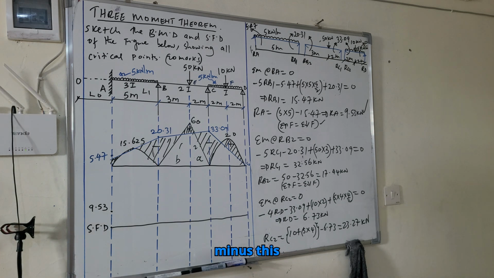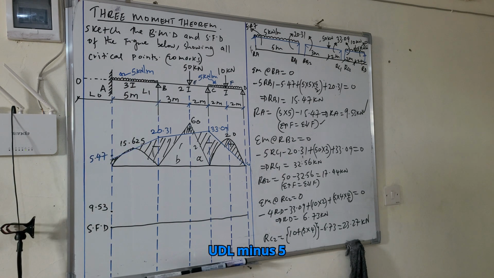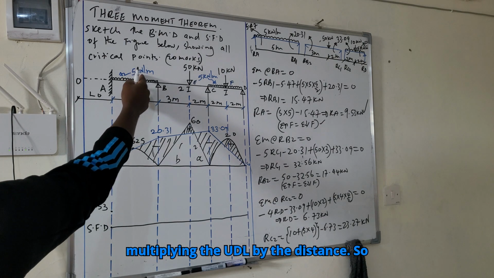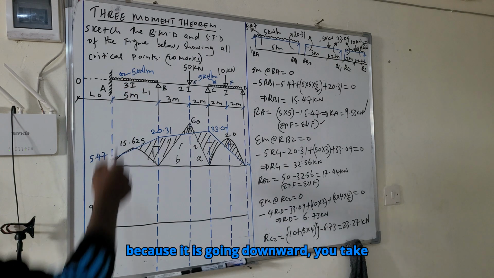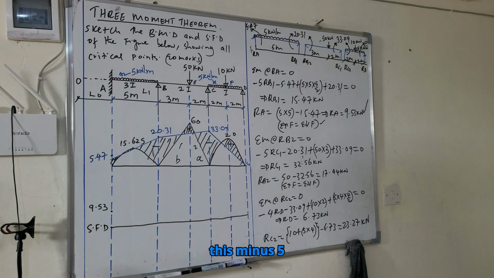Then I will take 9.53 minus this UDL, minus 5 times 5. You convert it first to a point load by multiplying the UDL by the distance. Because it is going downward, you take this minus 5 times 5. So you'll get negative 15.47.